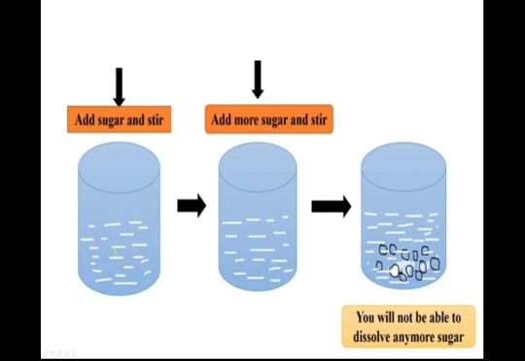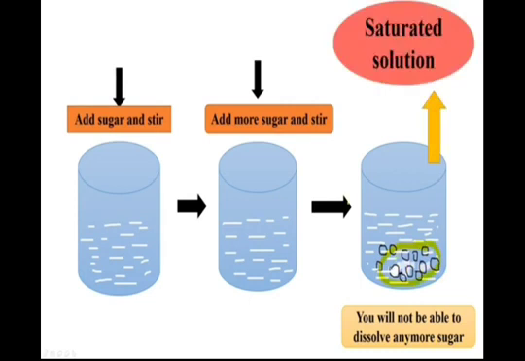Again add twice or thrice the amount of sugar into the water and keep on adding it, and finally you can see that some sugar is not able to dissolve, which means there is no more room to dissolve any more sugar. That is called saturation. That condition is called a saturated solution. Again, if you add sugar, it is not possible because that water is not able to dissolve this much sugar in this beaker, right?